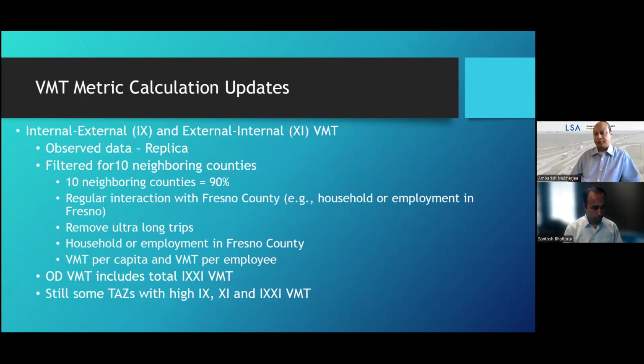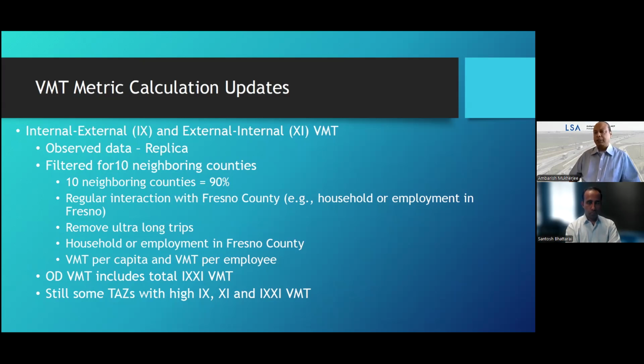Thanks, Santosh. So continuing on, we took that updated model, and I'm sure most of us here have been using the ABM for the past 4 years doing VMT calculations, and there were some issues and nuances identified. So our focus was how to address those issues in this round of update.